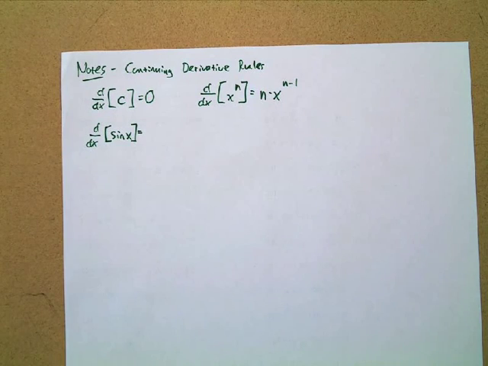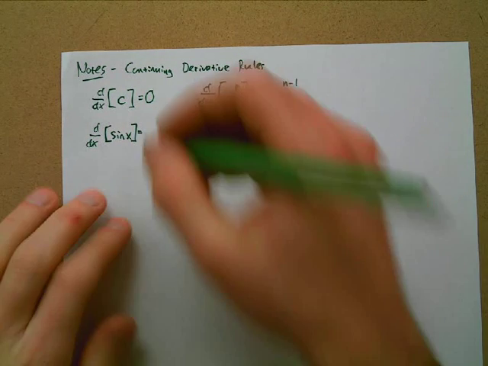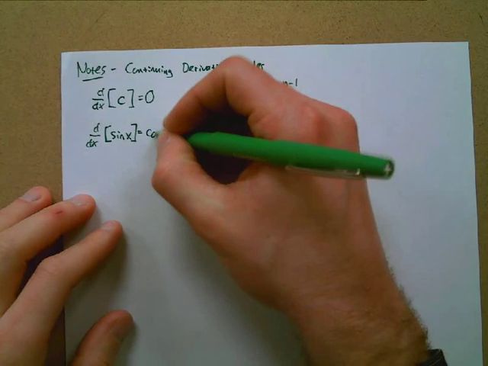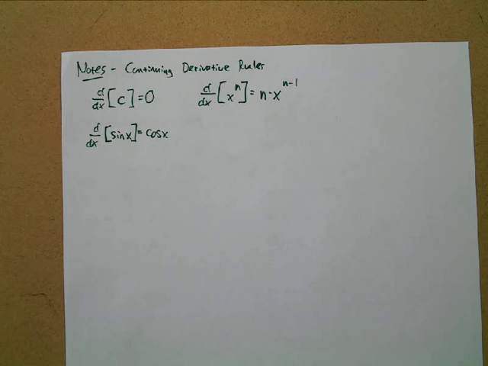So, for example, the derivative of sine of x is the cosine of x. Okay? The derivative of the sine of x is cosine of x, which means that at any x value on the sine function, you can find the slope or the rate of change of the sine function by just finding the equivalent value of the cosine at that same point.